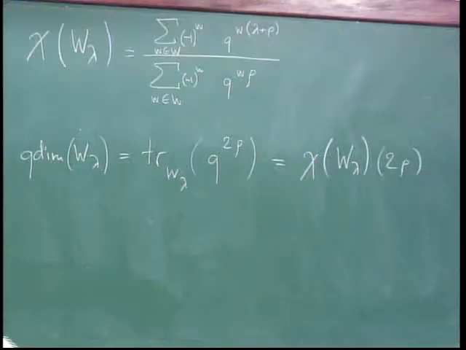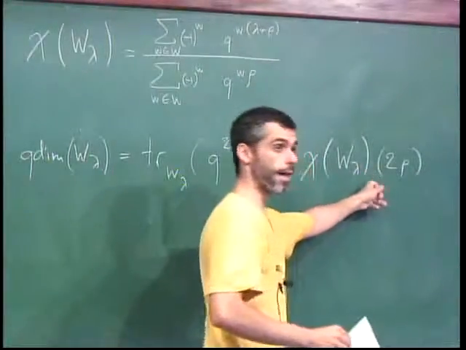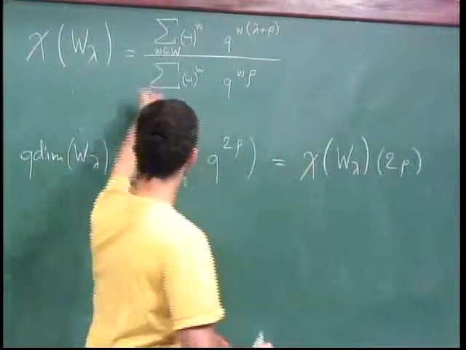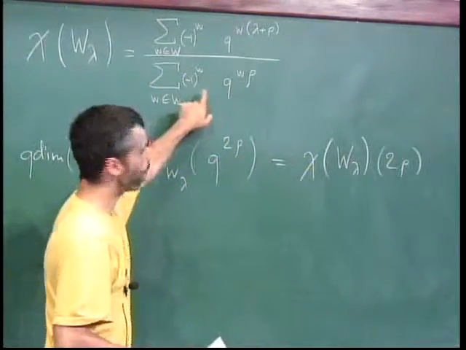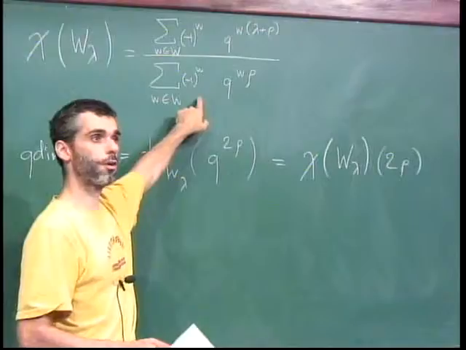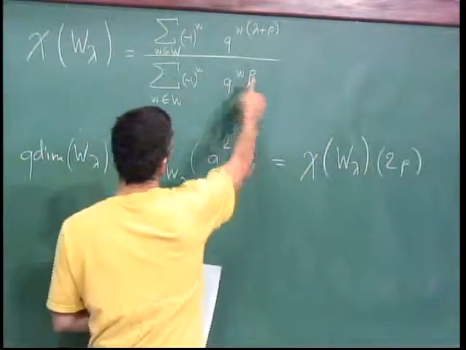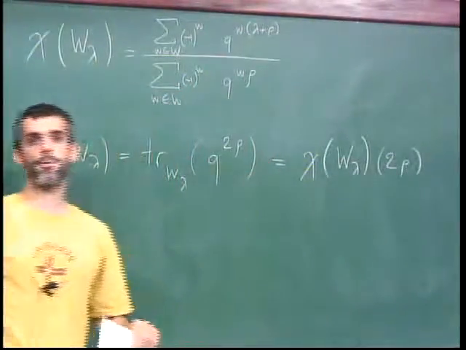OK. So to compute that number, we're going to put it in that formula. Recall that when we derived the Weyl character formula, the denominator first came as a product.